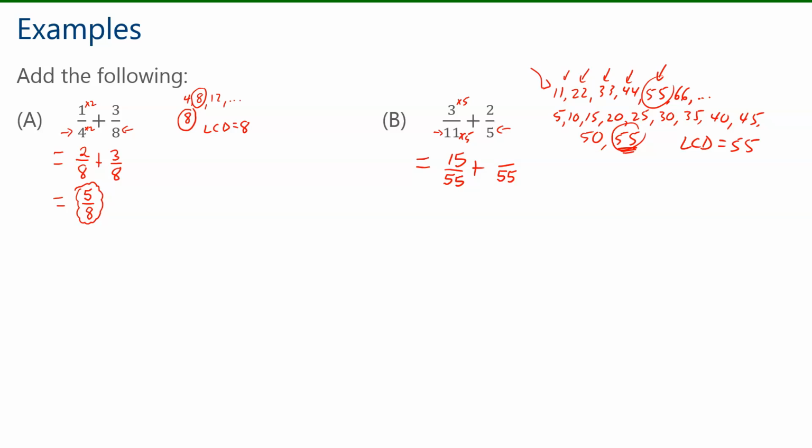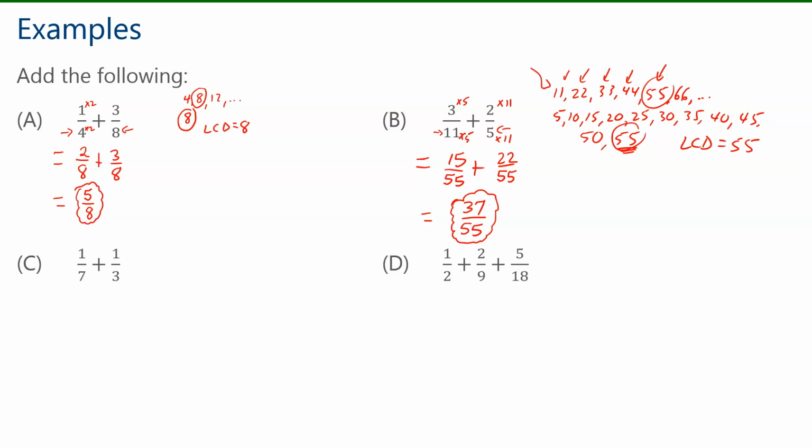So that tells me I'm multiplying 11 by 5 to get 55. 5 times what gives me 55? Well, if 11 times 5 is 55, then 5 times 11 has got to be 55. And 2 times 11, 22. 2 equivalent fractions, common denominator. Write down that common denominator, and let's add our numerators. 15 plus 22 will give us 37. And believe it or not, that is simplest form.